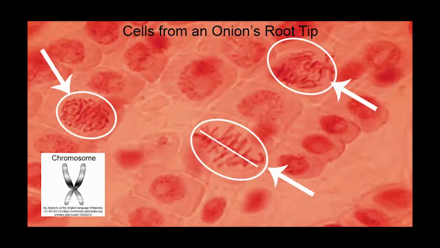This is what happens right before the cell splits apart. The chromosomes line up right along the middle here and get pulled apart. So this is a preview of what we're going to do, but I wanted you to see how easy it is, with the right staining and slide preparation technique, to see chromosomes in a rapidly dividing cell, which the tip of an onion is because it grows very quickly.